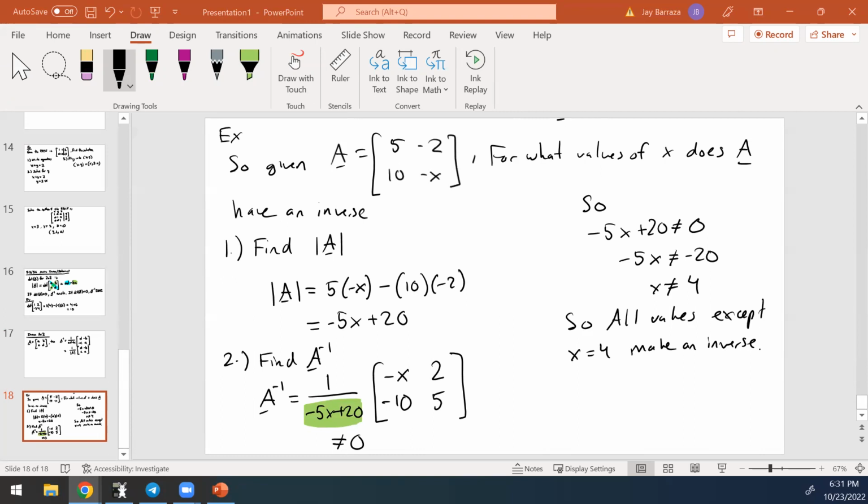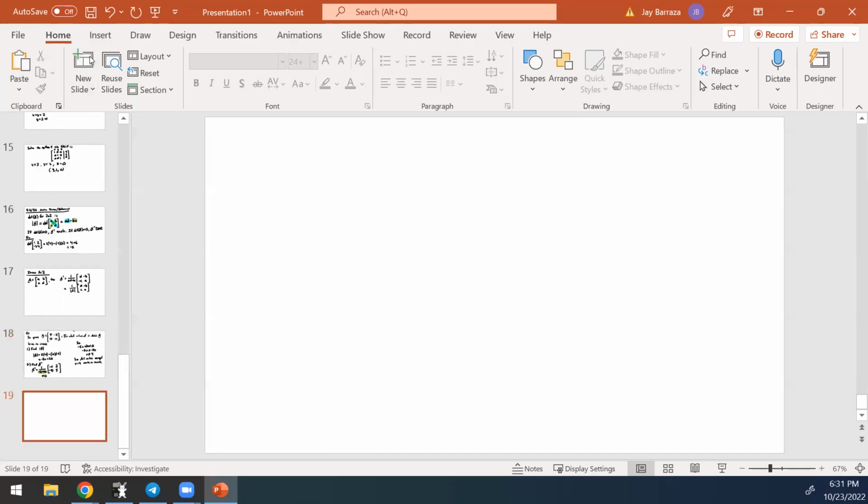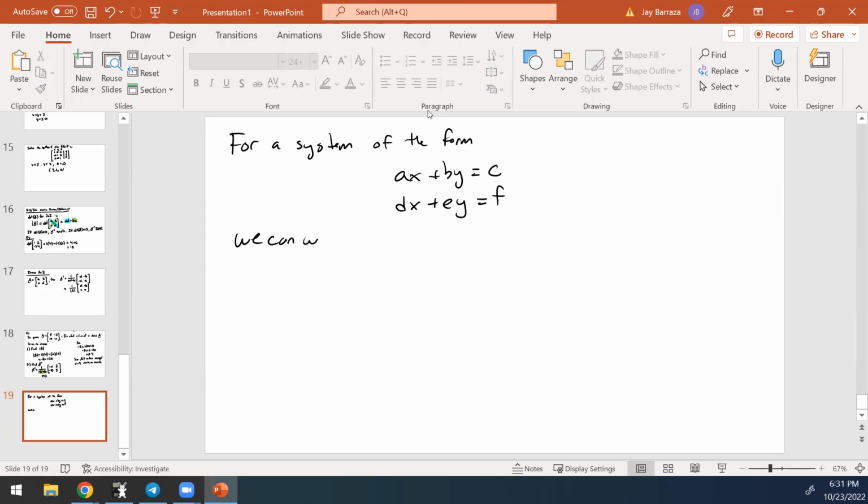Now, what you can do with the inverse equation is the following. For a system of the form ax plus by equals c, and dx plus ey equals f, we can write it in matrix form.